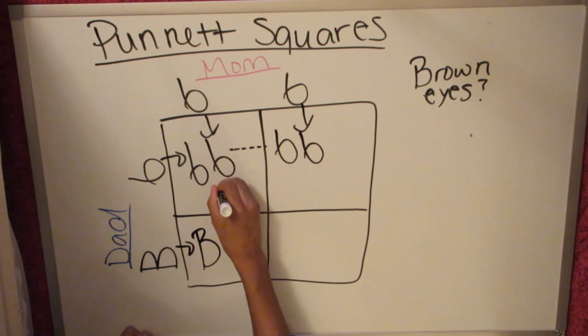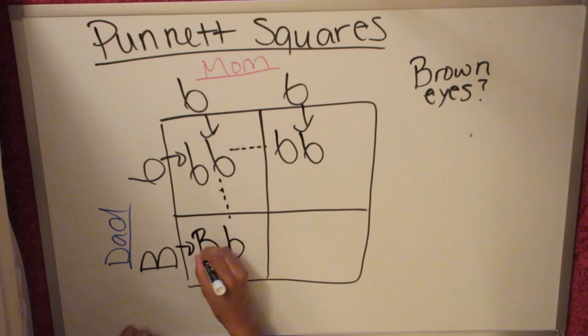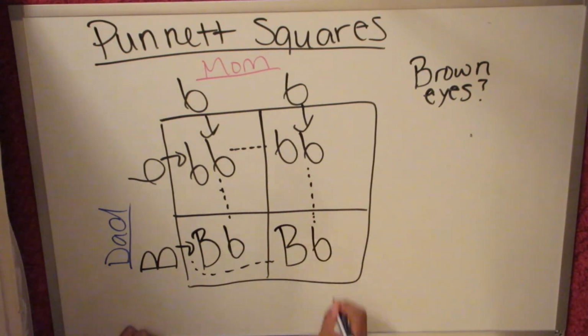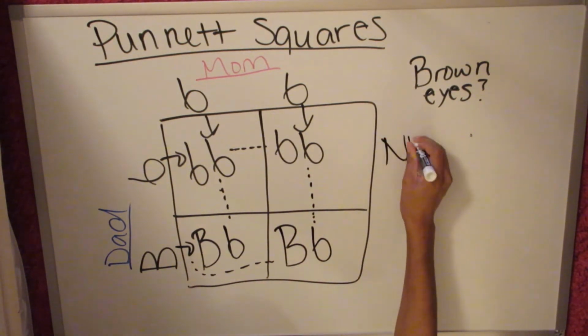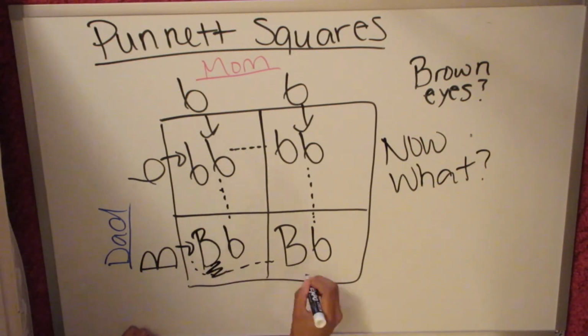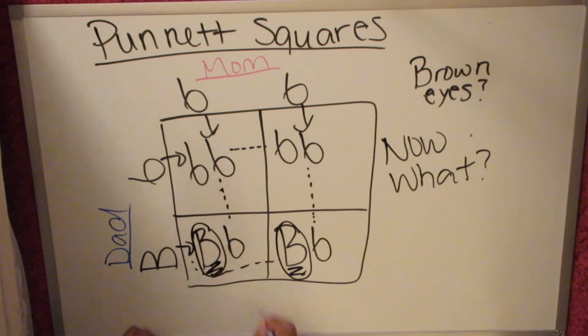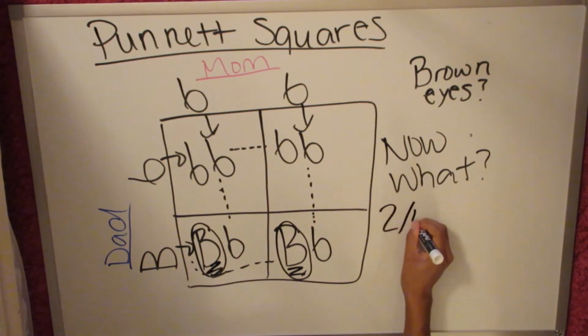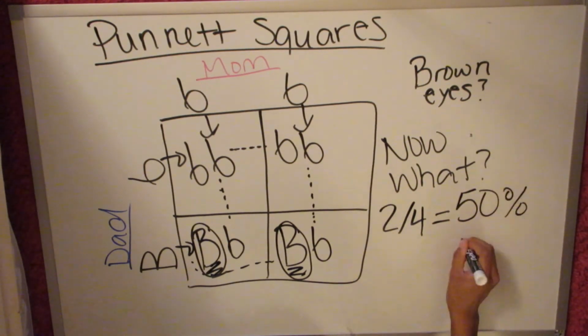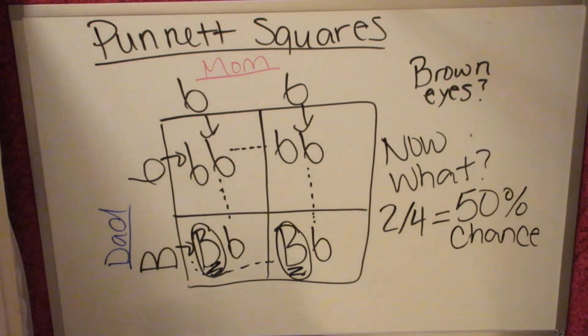So if we look at all of the boxes, now let's see what our chance is. We just have 2 big B's. That's 2 out of 4. 2 divided by 4 is a 50% chance. So there's only a 50% chance now that the organism is going to have brown eyes.